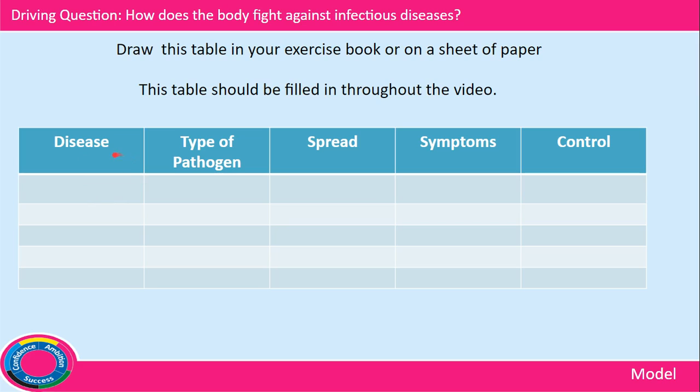So I'm going to ask you to write the disease, the type of pathogen that's causing the disease, how the pathogen is spread, symptoms, what the individual might feel or what can be seen by others, and how we can control the spread of the pathogen to reduce infectious diseases from one person to another. At this point, I'm going to ask you to pause the recording.